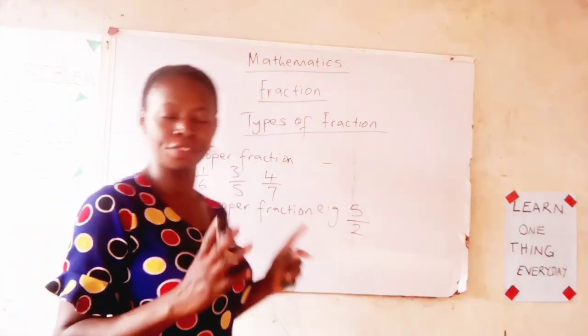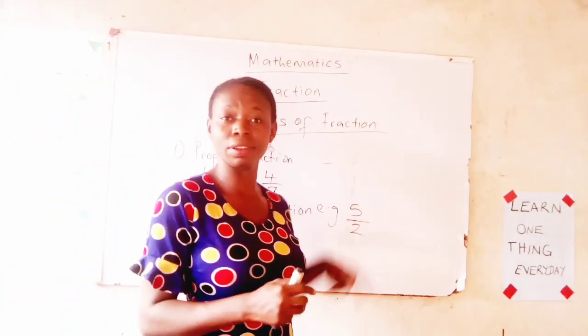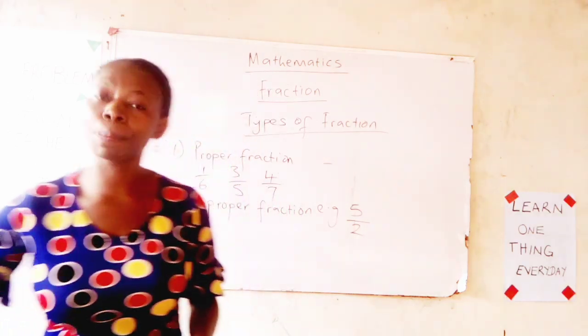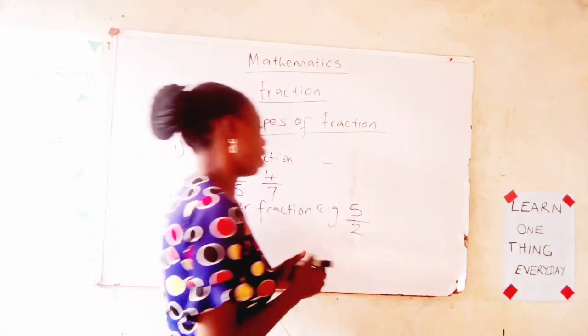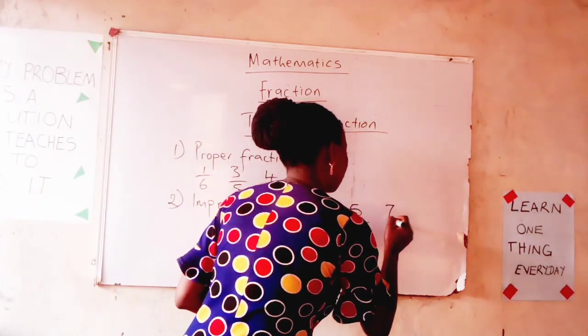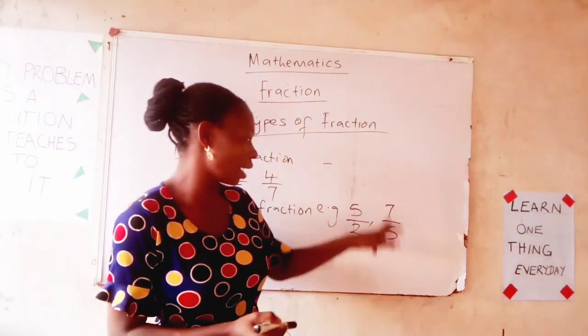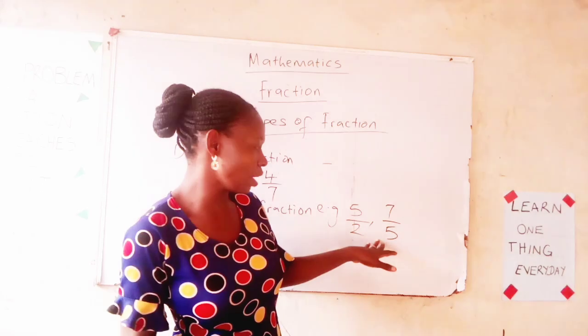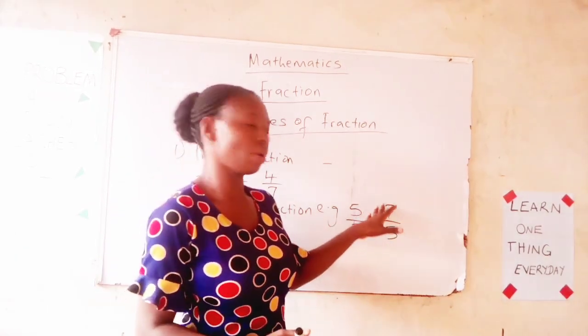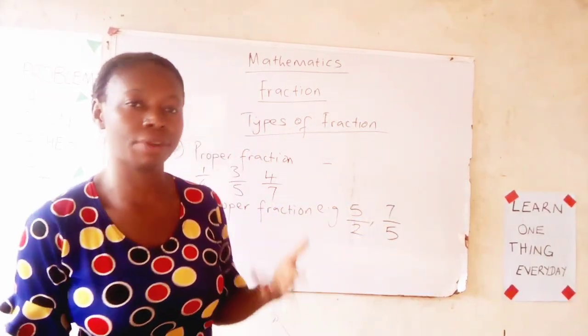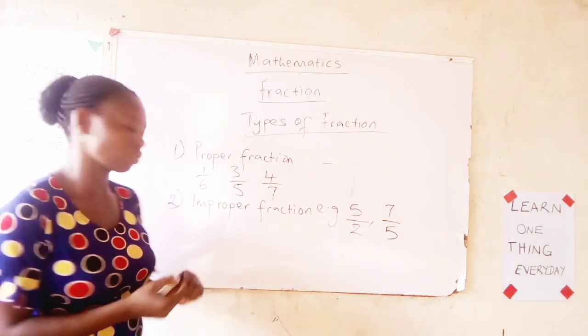You can see 5 is bigger than 2. 2 is carrying a bigger number. That is improper fraction. You have 7 over 5. 7 is bigger than 5. So the denominator is smaller while the numerator is bigger. That is improper fraction.